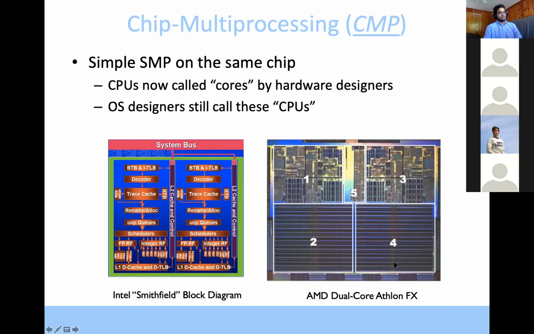Similar on this is the AMD Athlon, pretty old. It's a dual core machine. The two cores are shown here. This is kind of the system bus interconnect thing and some other stuff. These are the two cores, caches. You can see more caches here. And I guess this is the shared caches between the two cores.